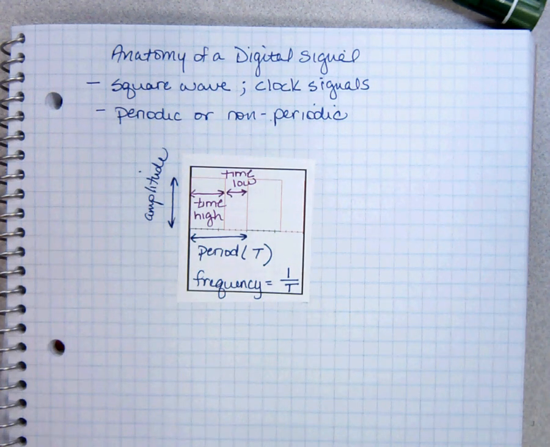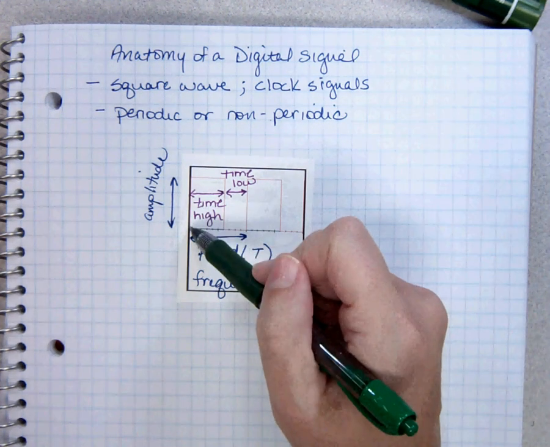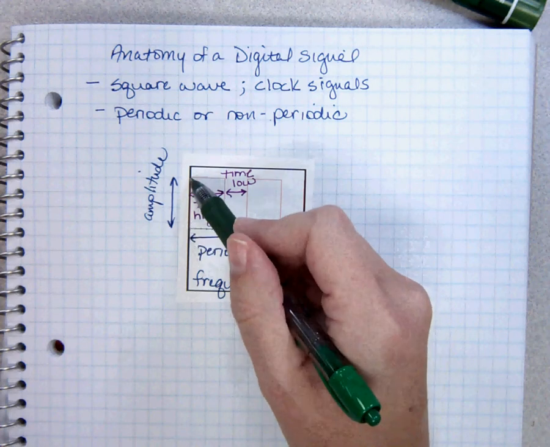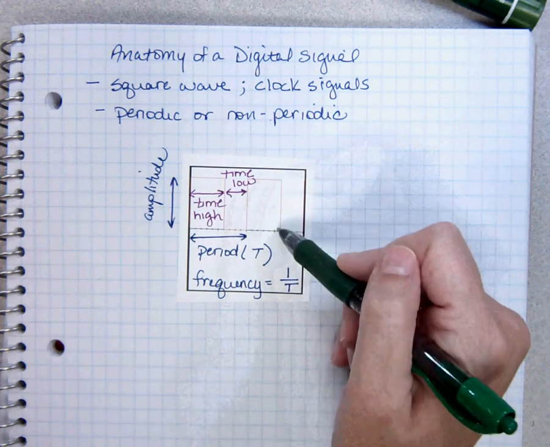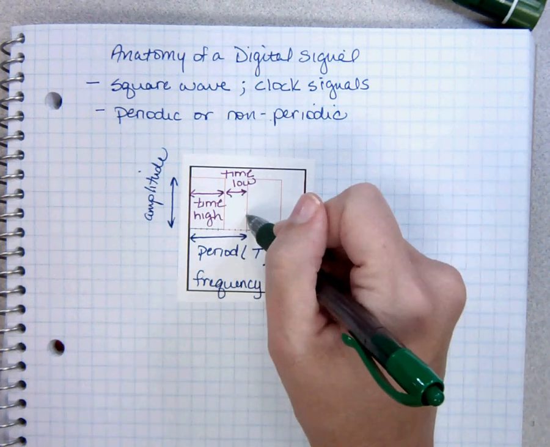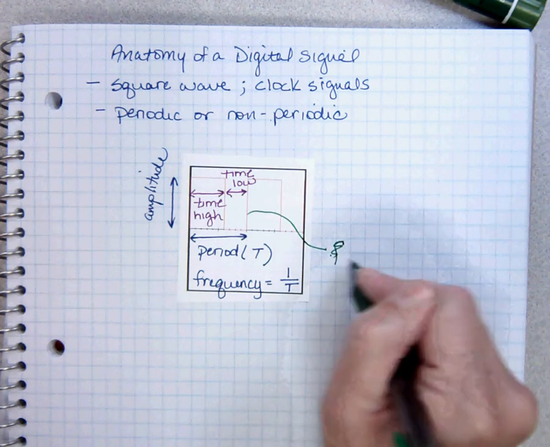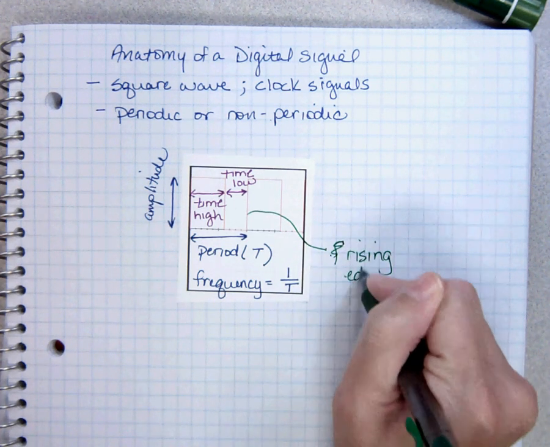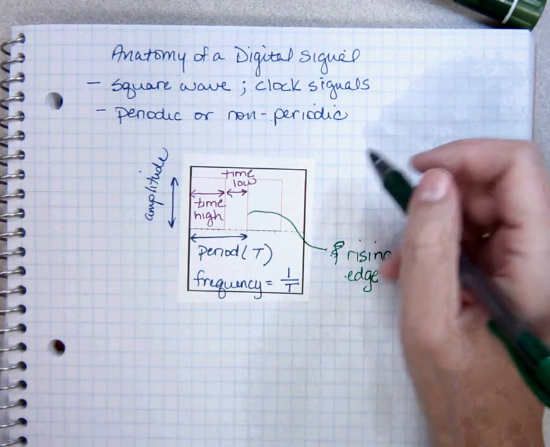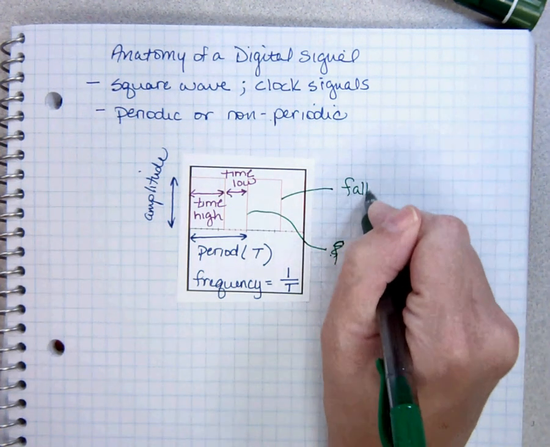We also have what's called a rising edge or a falling edge. So this signal would become high and then go low, and then go high and then go low. When the signal goes high, we call that a rising edge. And when the signal goes low, we call that a falling edge.